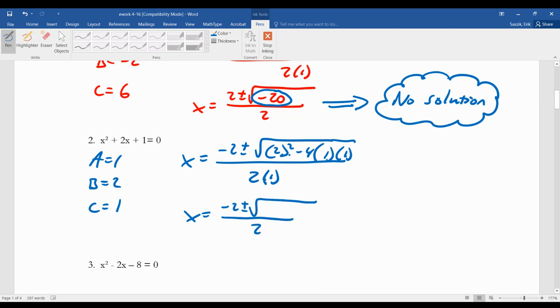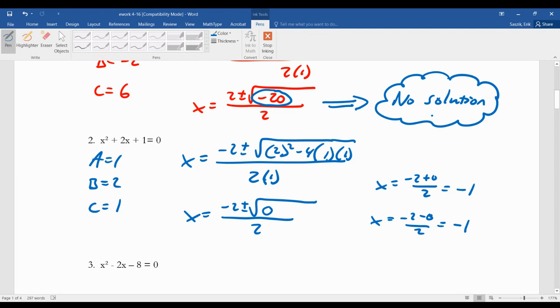Now the stuff that's inside the square root here comes out to 0. So now the square root of 0 is 0. So we're going to do -2 plus 0 over 2, and then of course equals -1. And then we're going to do -2 minus 0 over 2. And that of course is going to equal -1 as well. So here we got just one answer.